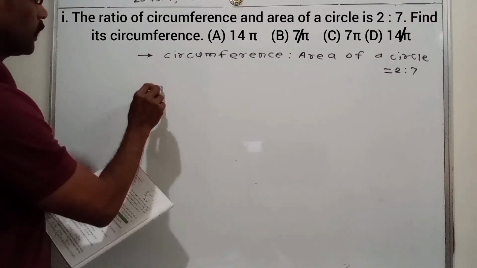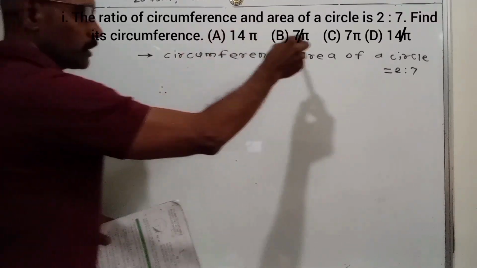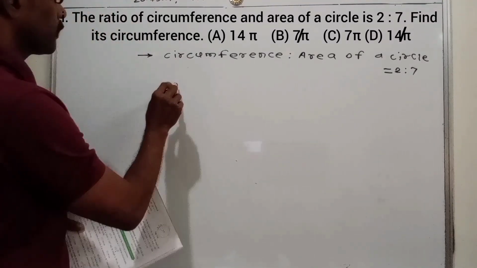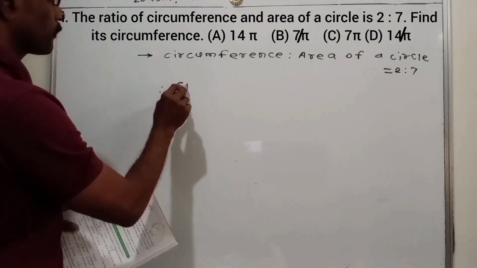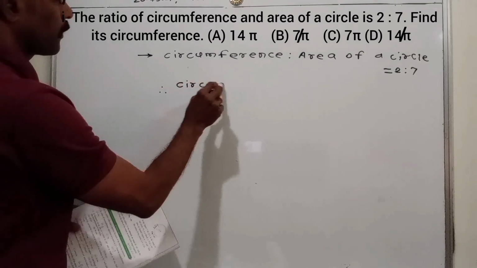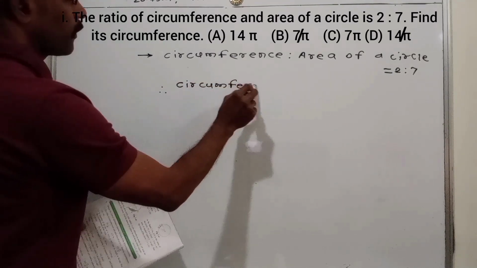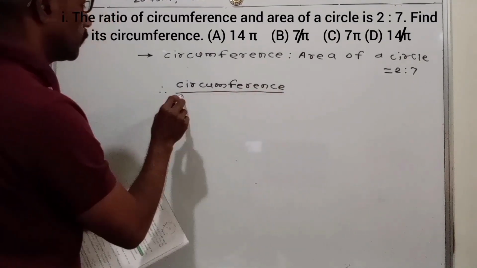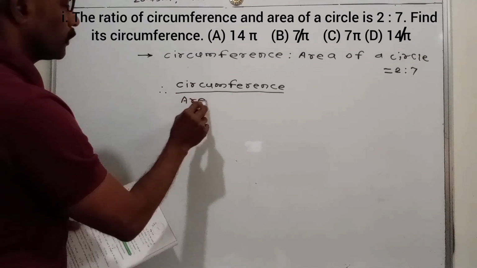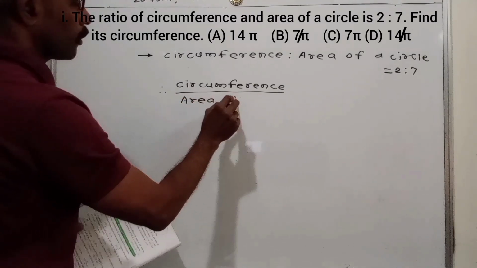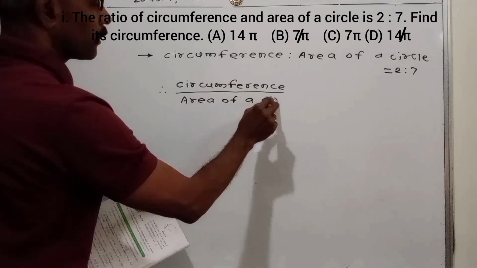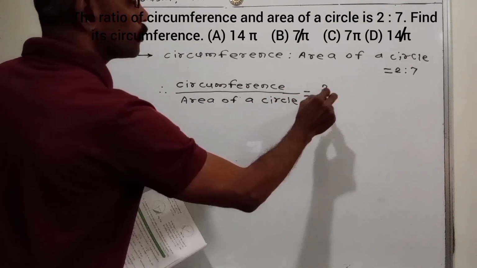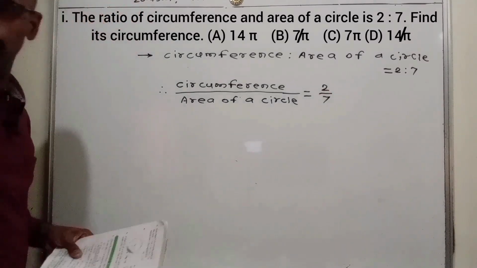Okay. Therefore, this is a ratio. We write in division form. Therefore, circumference of a circle upon area of a circle is equal to 2:7.